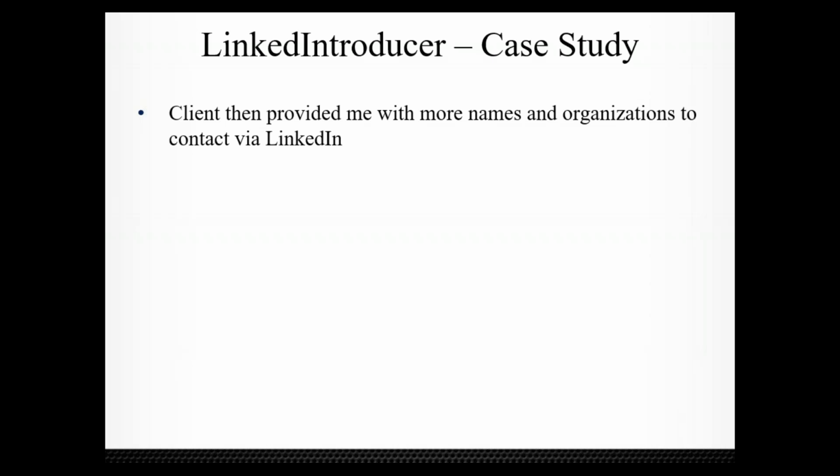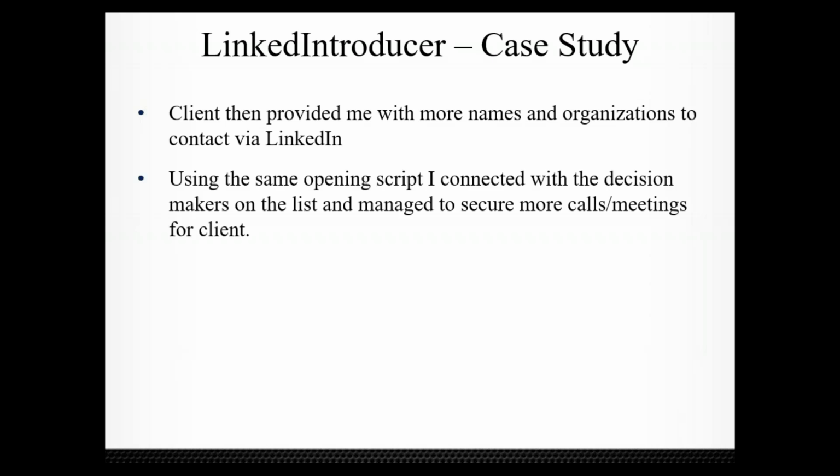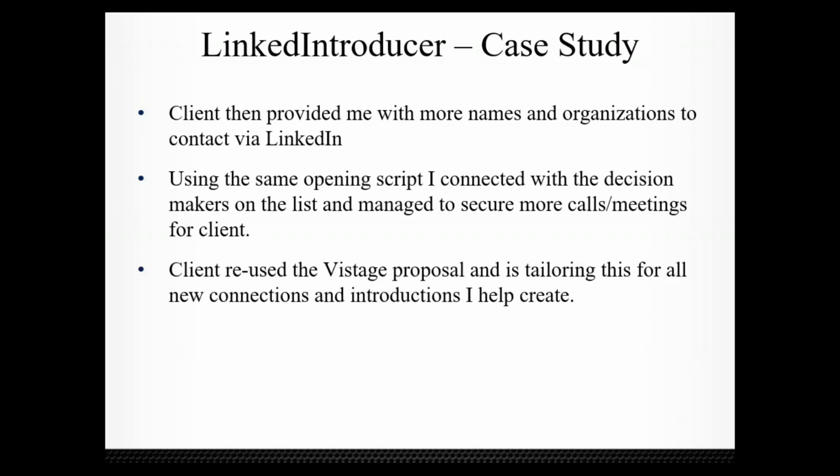So using the same opening script, I connected with another decision maker on the list and managed to secure more calls and meetings for the client. The client basically reused the Vistage proposal and is tailoring it for the new connections and introductions I helped create.